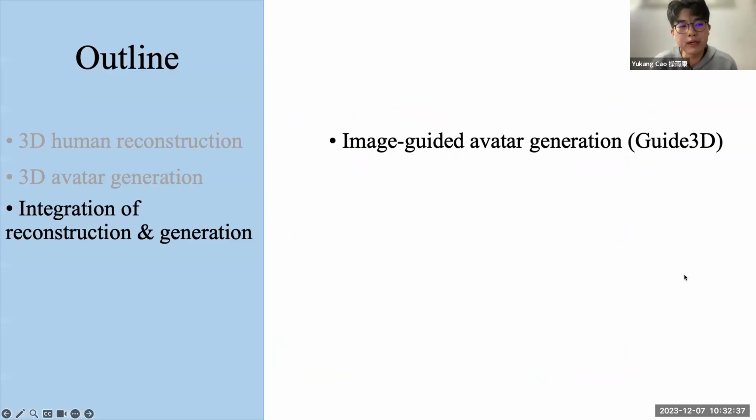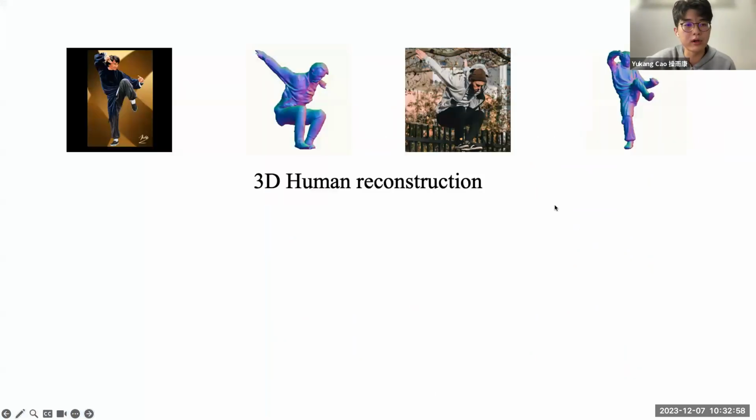Then we have talked about the 3D human reconstruction and 3D avatar generation. One next step will be, can we integrate the metrics from these reconstruction methods and generation methods to leverage their advantages and get rid of their disadvantages? So let's recall.